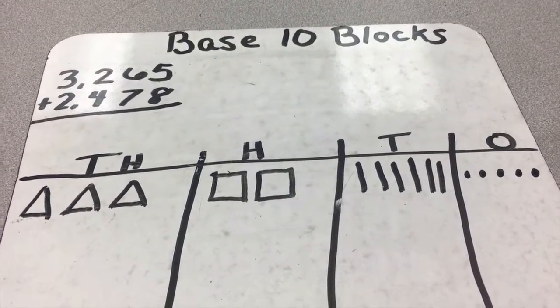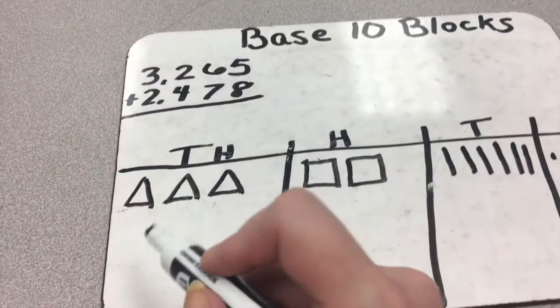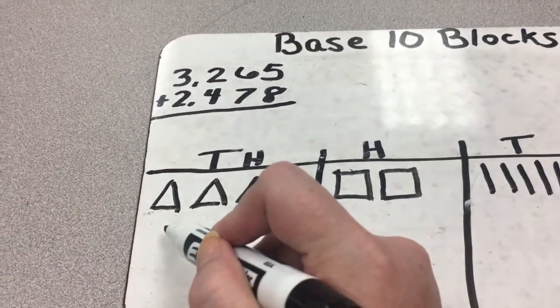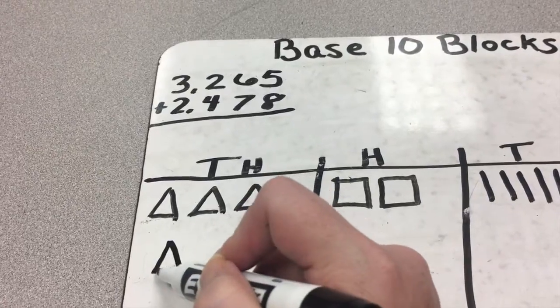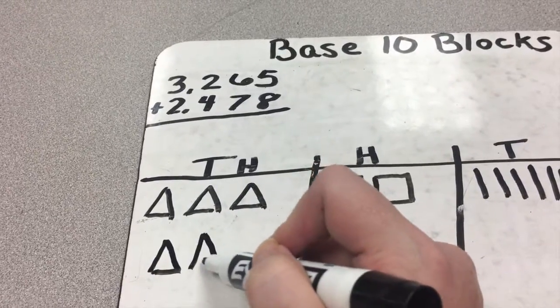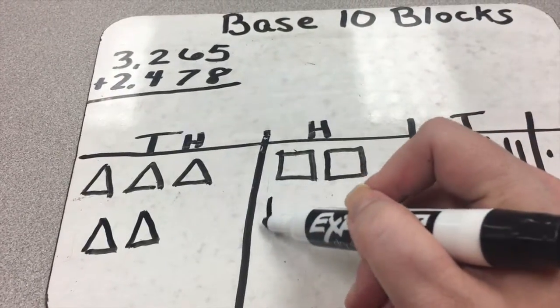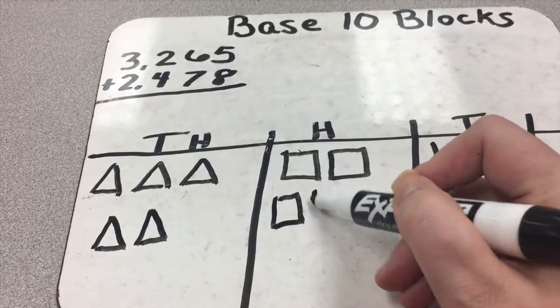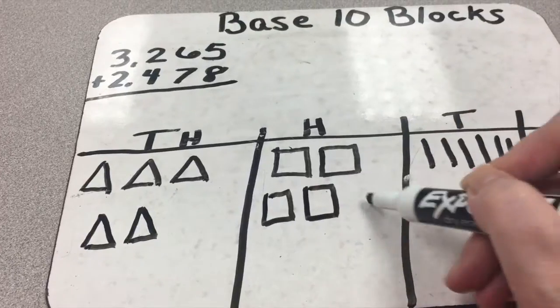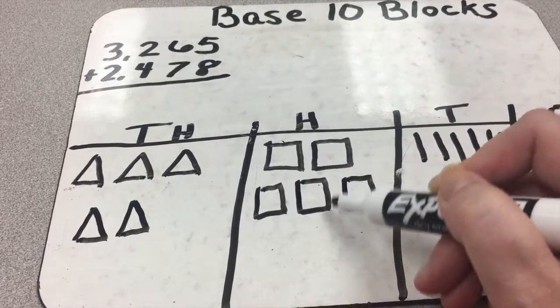Now we're going to do the same thing for the second number. I have 2 1,000s. 1, 2. I have 4 100s. 1, 2, 3, 4.